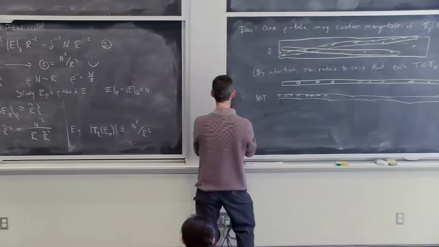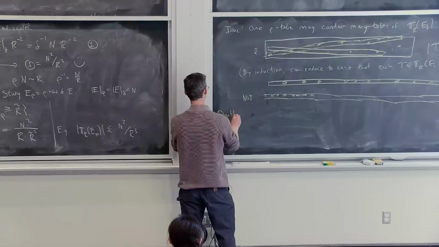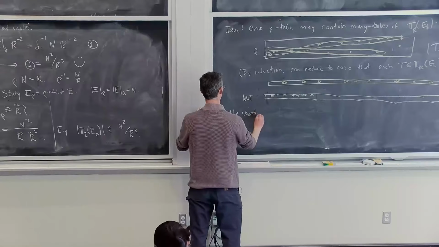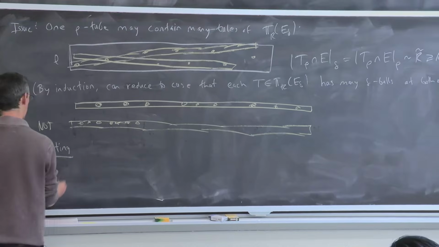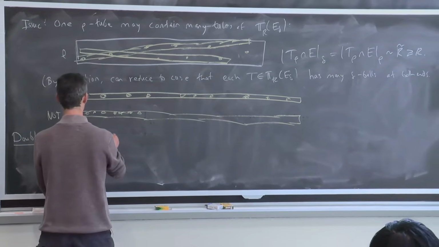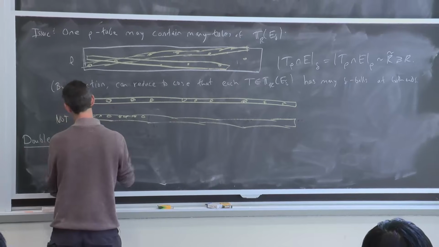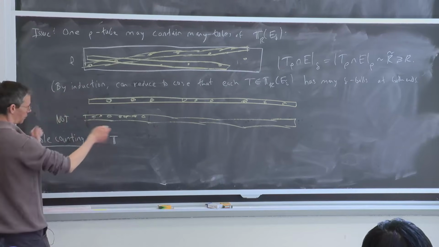So then we do a double counting argument. We're going to count just pairs of delta balls.